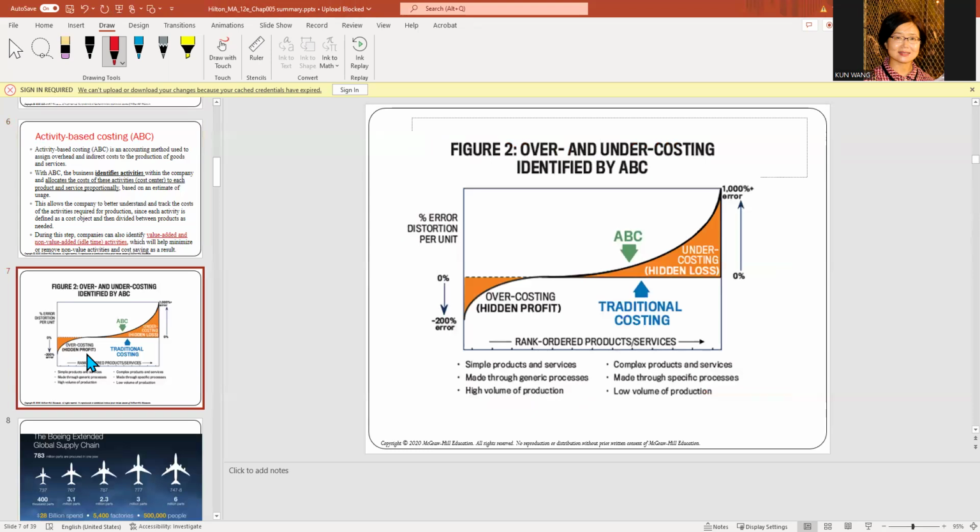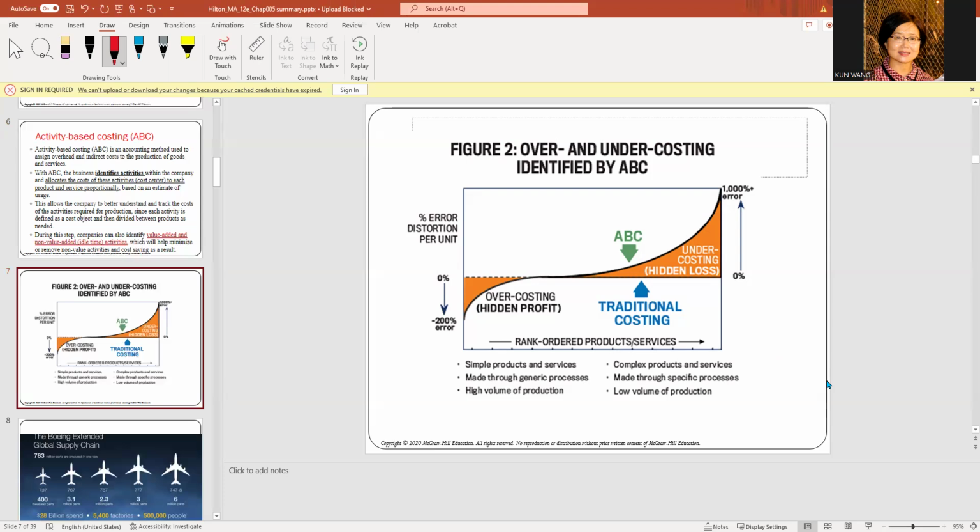And why do we want to make a large investment of resources and time on adopting the ABC system? Probably you already read the example from the book. Under the traditional costing system, if you use a plant-wide or departmental-wide overhead, we don't really differentiate the manufacturer specialization of the products or services.